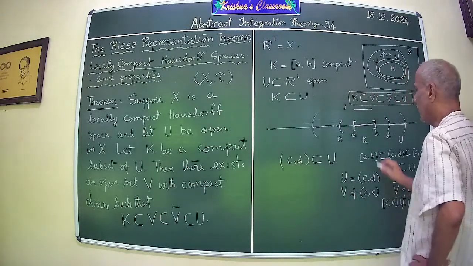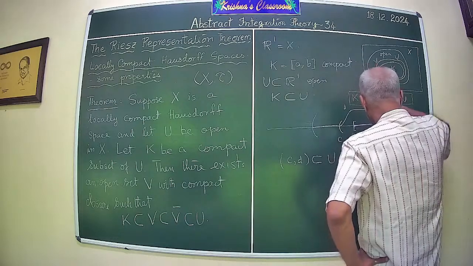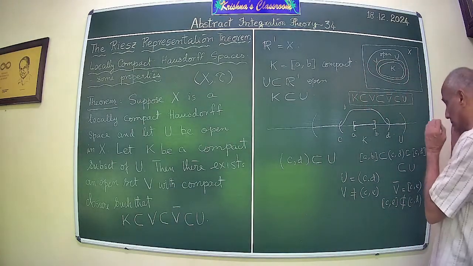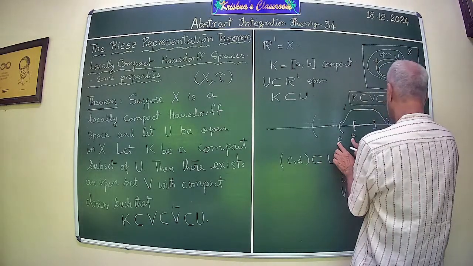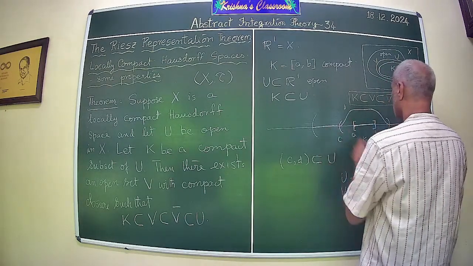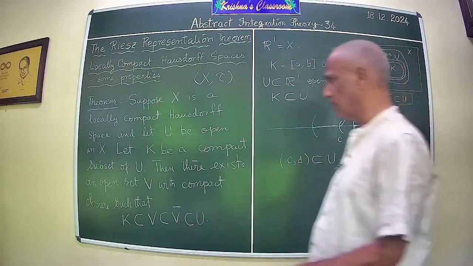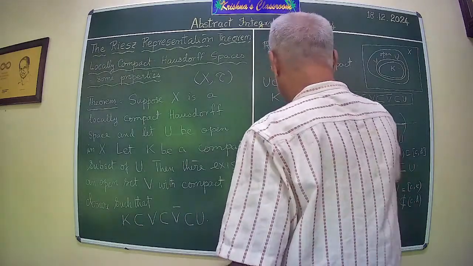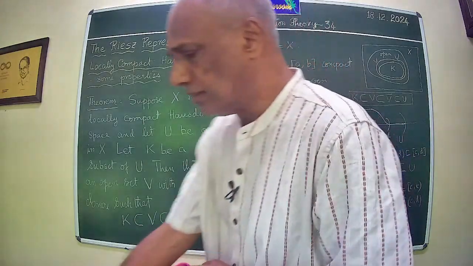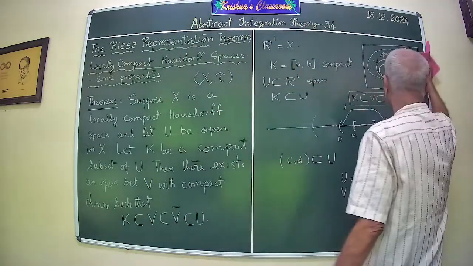Then you can patch up these two in such a way that you have a continuous function. That means there is a gap between C and A, there is a gap between B and D, so that you can patch it up continuously. Now this is the sort of application that we are after. So that's just a hint to what is to come, but we have to build it in a general scenario, and we have to prove this theorem.